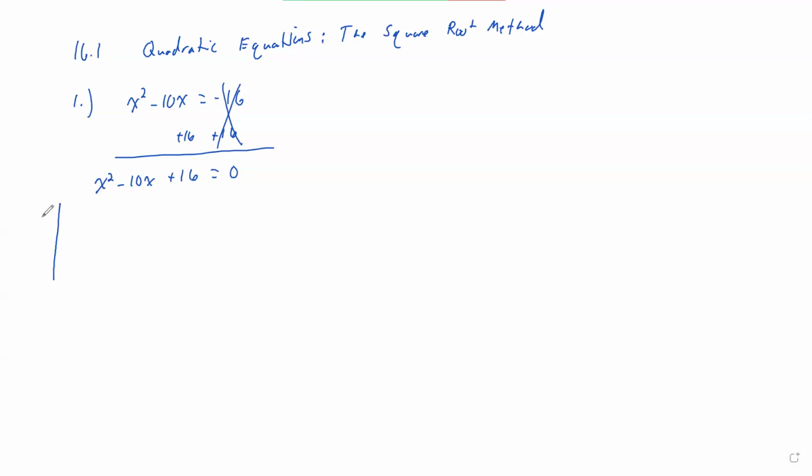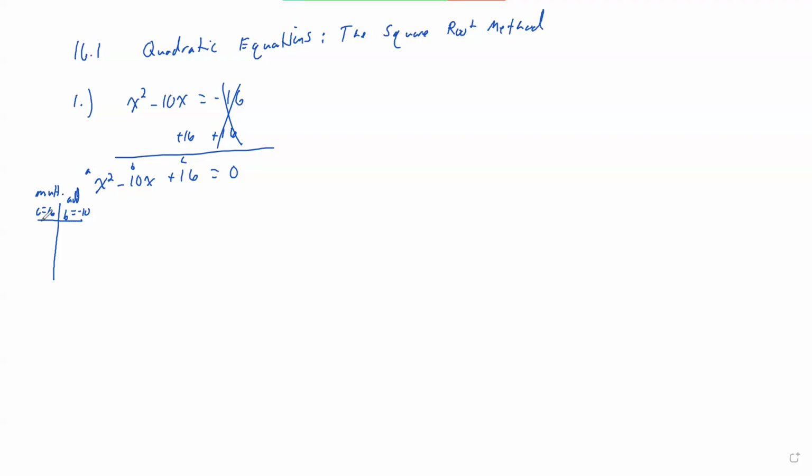So remember, we do a little t-chart. We are multiplying to our c. Remember, it goes A, B, C. So I'm multiplying to the 16. I'm going to add to my B, which is negative 10. Now, on this one, I only pay attention to the numbers. I don't bring in the x's.